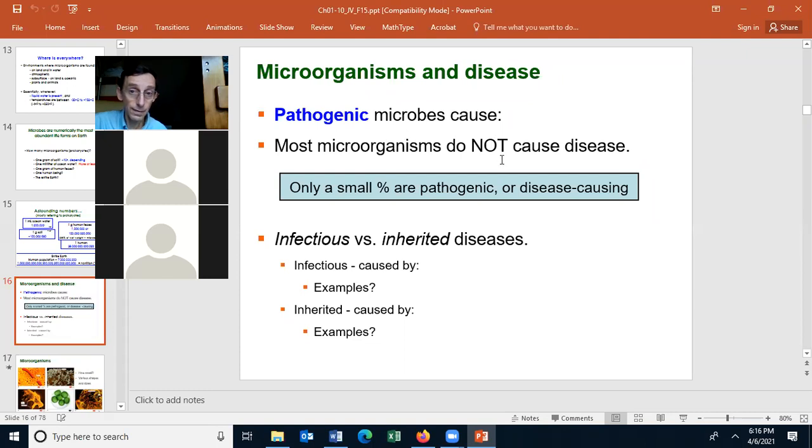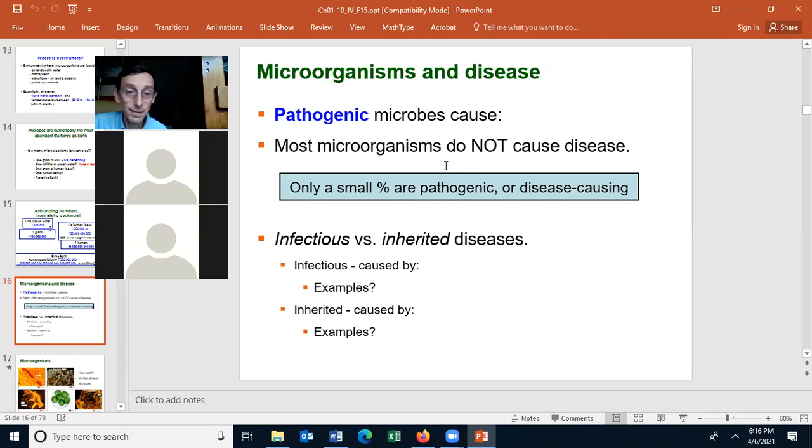Most microorganisms do not cause disease. Only a small percentage of all microbes are pathogenic or disease-causing. So most microbes that you run into do not cause human disease.